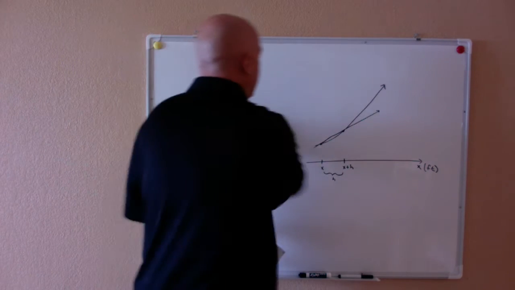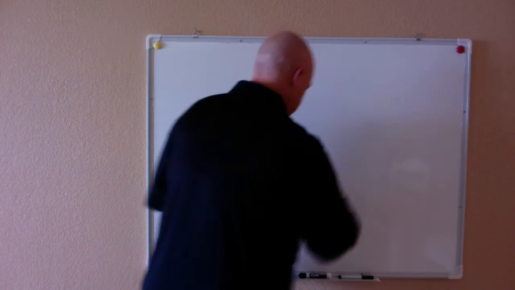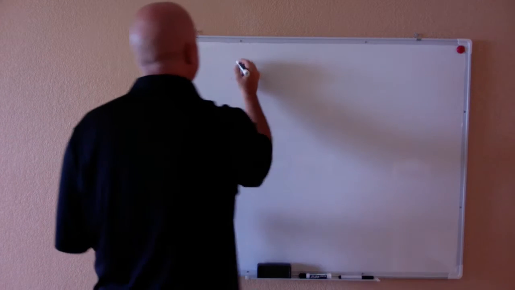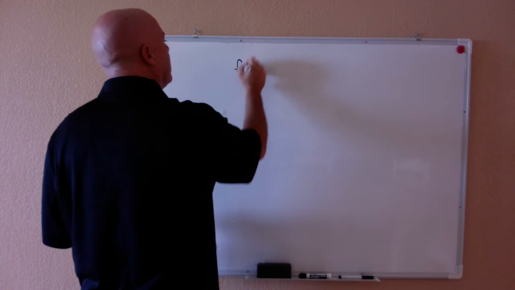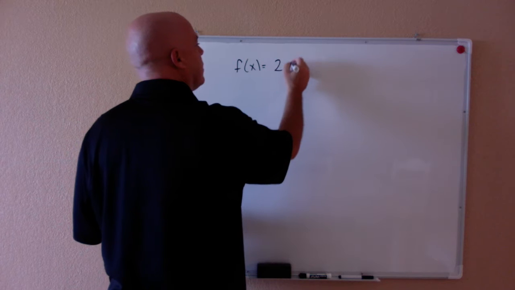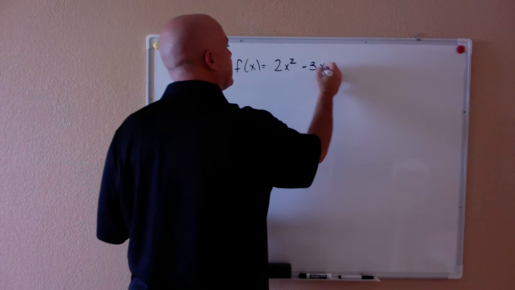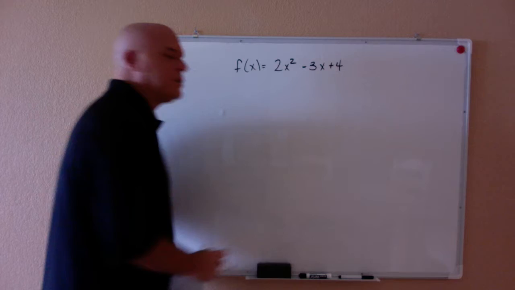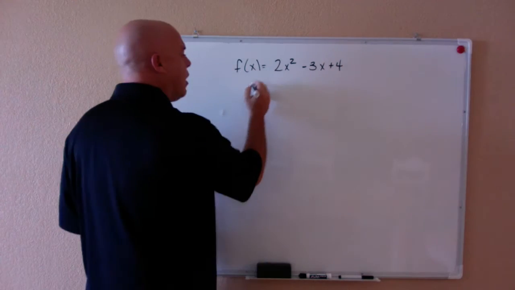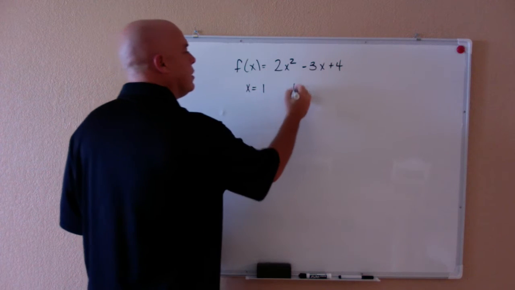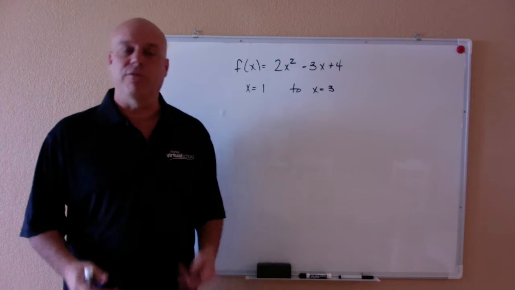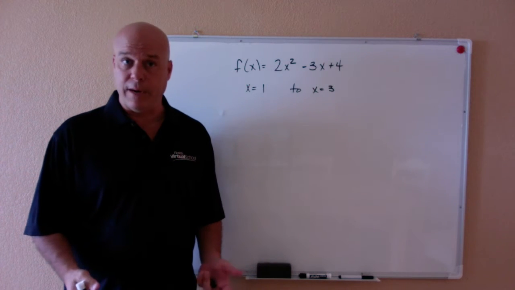Let's say that we were given the function f of x equals 2x squared minus 3x plus 4. And let's say that I wanted to find the average rate of change from x equals 1 to x equals 3. How much is this changing from x equals 1 to x equals 3?